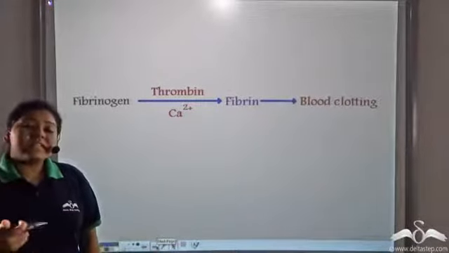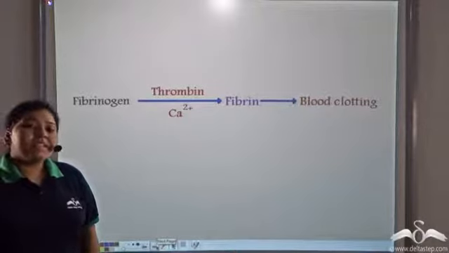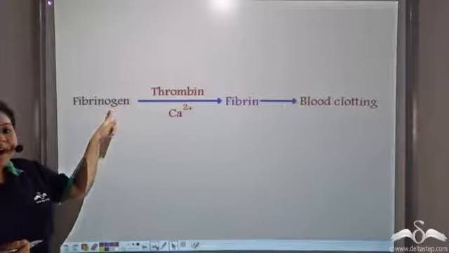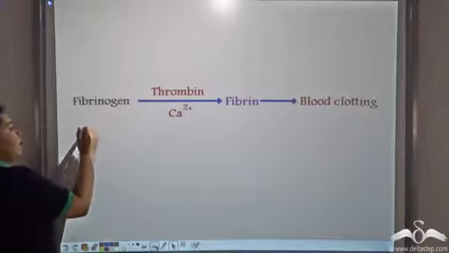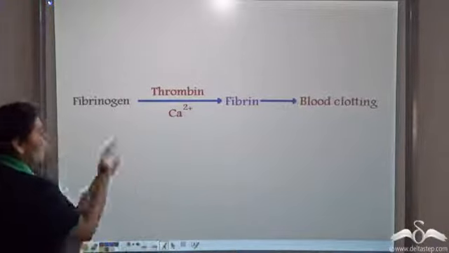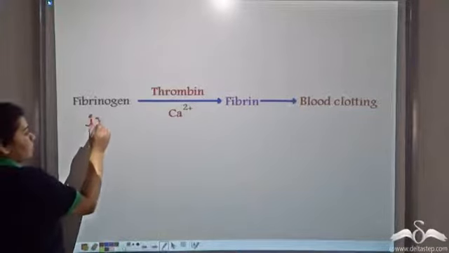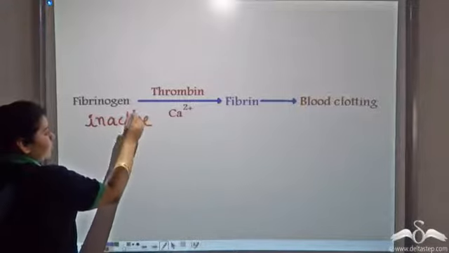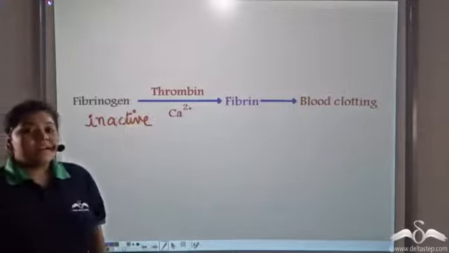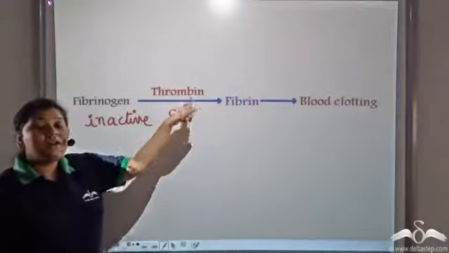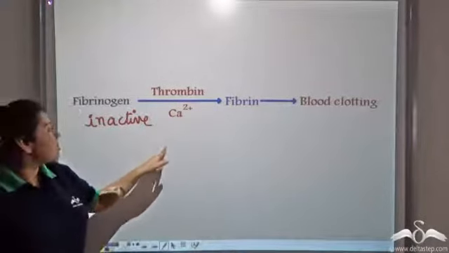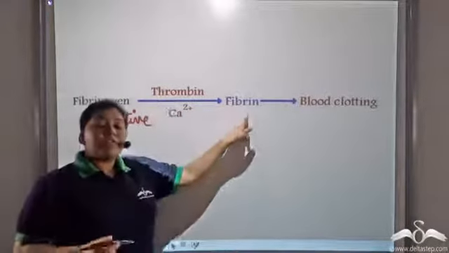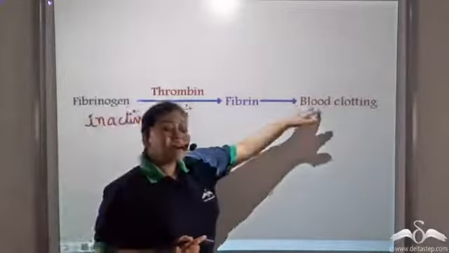There is another dissolved molecule present in the plasma which is known as fibrinogen. Fibrinogen is the inactive form of a molecule. Now thrombin along with calcium converts this inactive fibrinogen into active fibrin, which further helps in blood clotting.